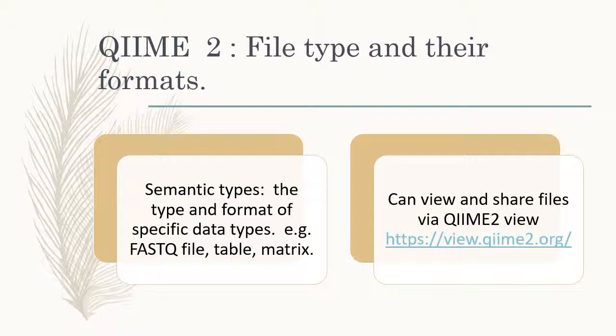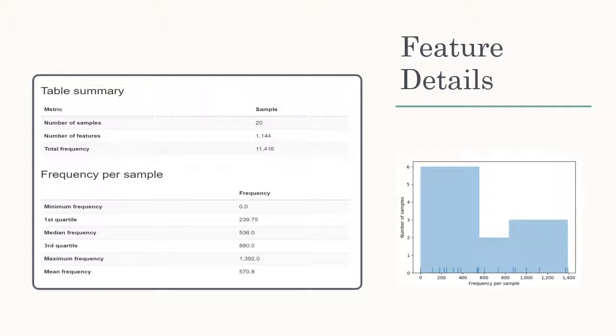Working like this, we have got the analysis. The first thing is the feature details, and the first one is the table summary. We have got the number of samples as 20, the number of features as 1144, and the total frequency as 11,416. The frequency per sample has a minimum of 0 and a maximum of 1392.